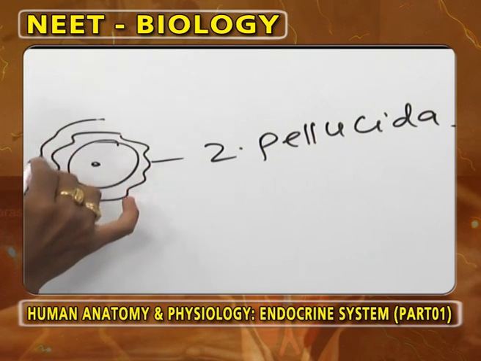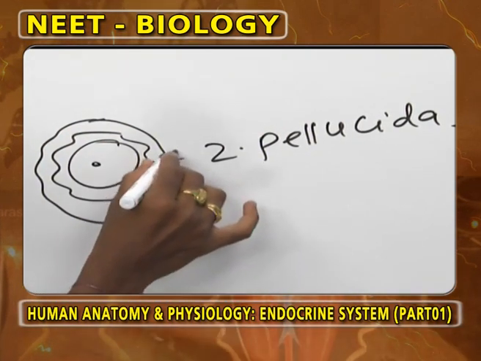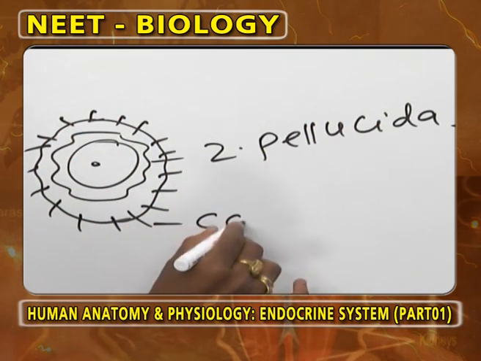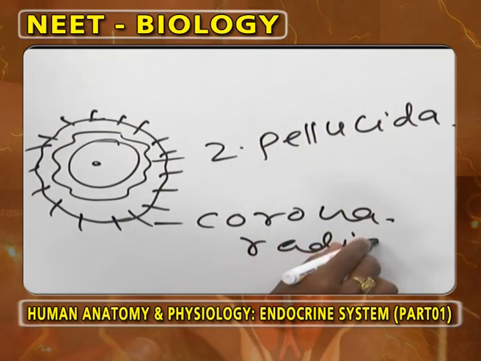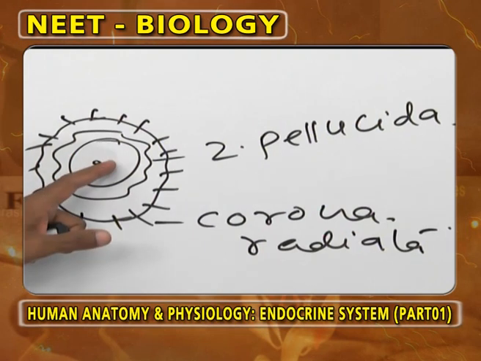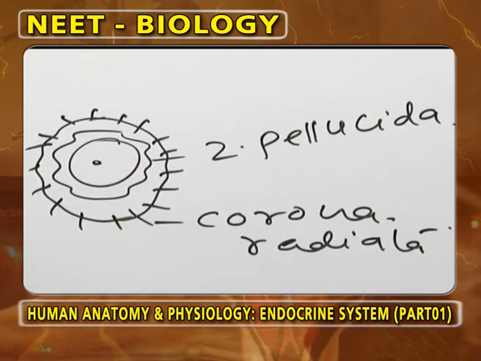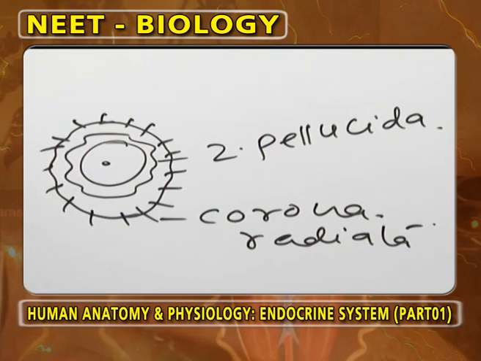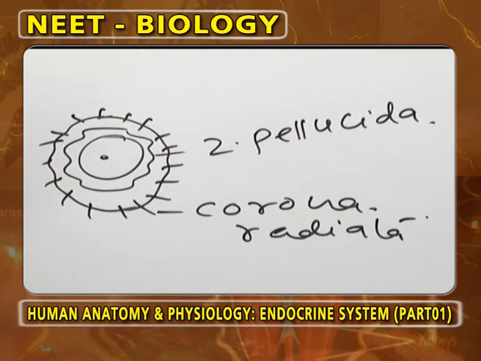Above it, a striated layer is present, which is called the corona radiata. Students, again you have to observe, the ovum is covered and protected by 2 layers. The outer layer is corona radiata. At the time of fertilization, this layer disappears.